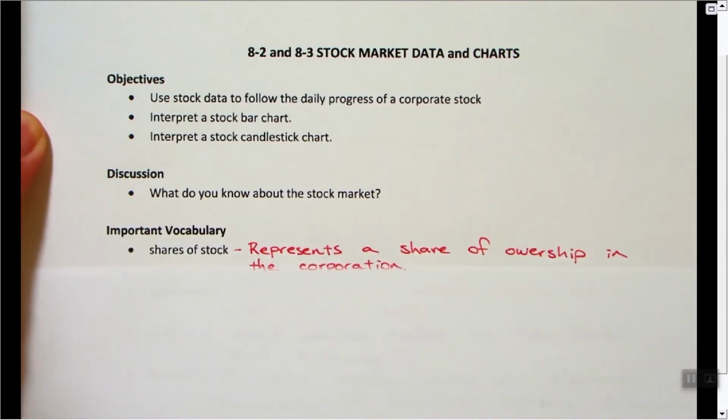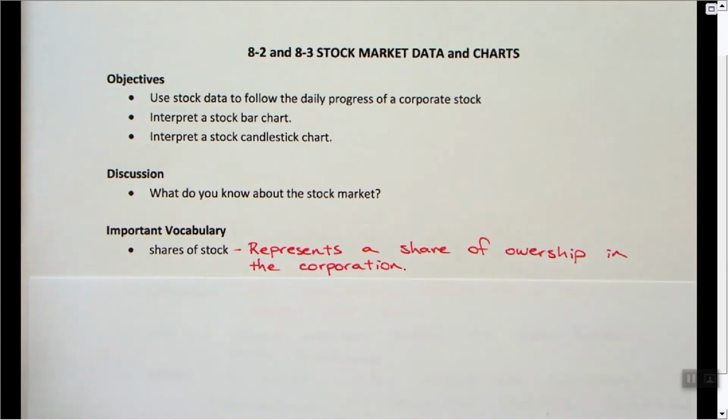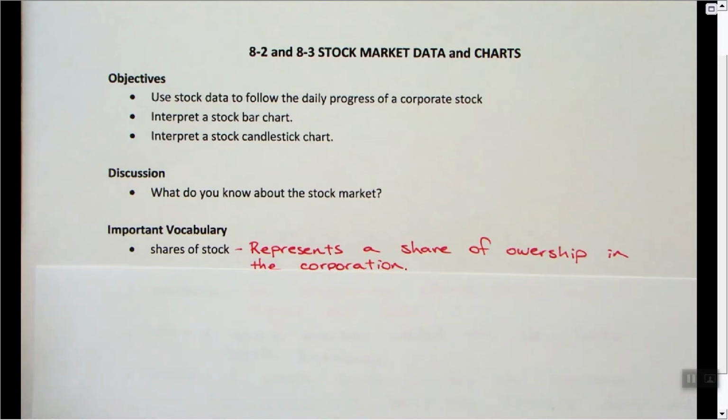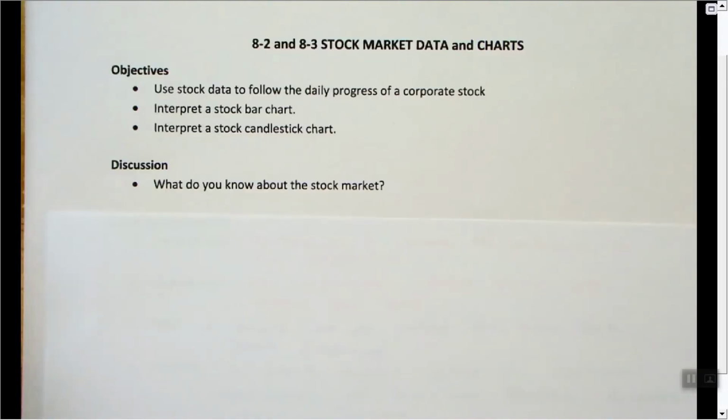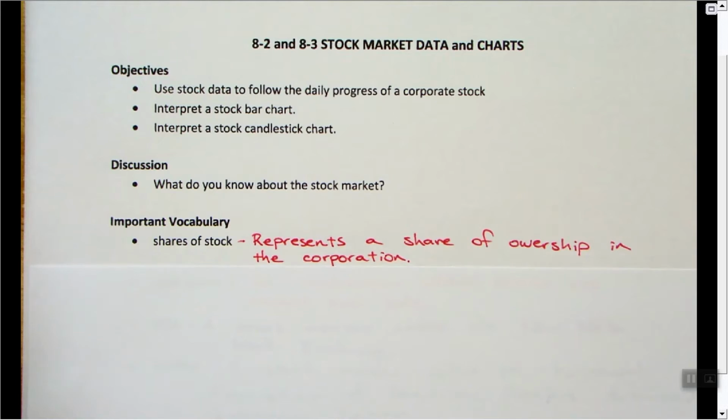The first thing you need to understand is, what does it mean by shares of stock? A share represents a share of ownership in the corporation. Corporations that are traded publicly have their business broken up into lots of little pieces called shares, and there's lots of them.